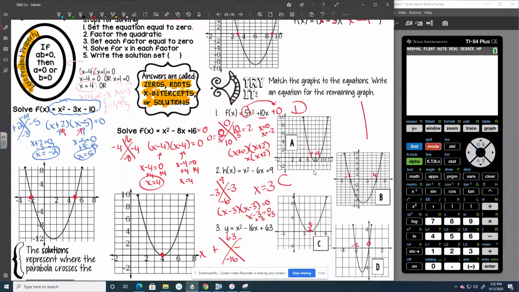My options are what? 1 and 63, but that would be a negative 63. 3 and negative 21. That gets me close. That gets me to negative 18. How about negative, oops, we were keeping positive on this side, huh? I was going to say 7 and 9, but that would be negative 60.